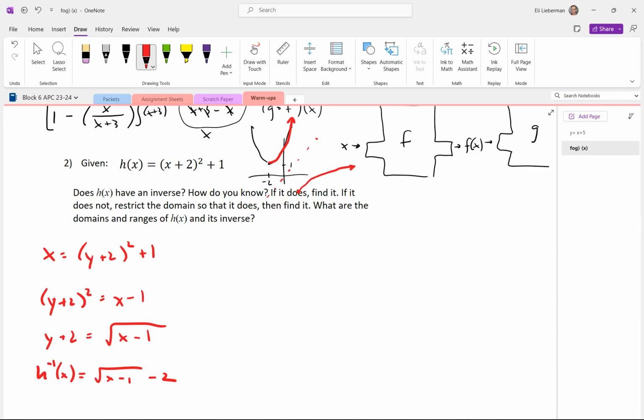I want to talk about both of these. I will take us through the domain and range from here. Last time I think I forgot to put a cap on them.